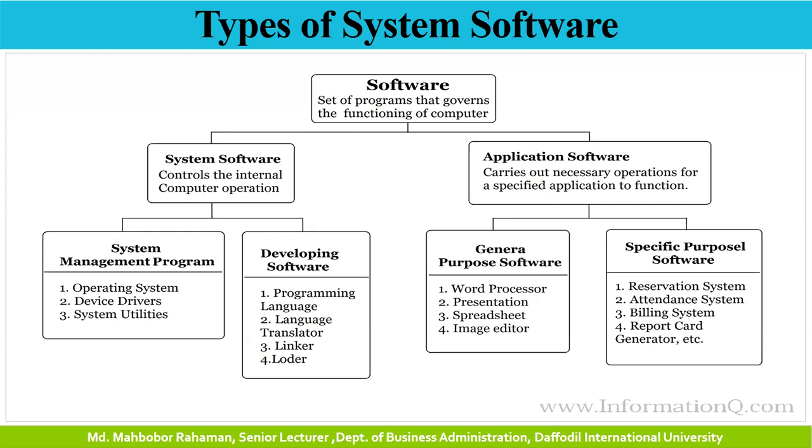But when some software is required for a specific purpose or to solve a specific task, it is called specific purpose software. For example, ticket reservation software, attendance system software, billing software, and report card software. These are specific purpose software, and they are mainly used by specific users who need this specific type of task.